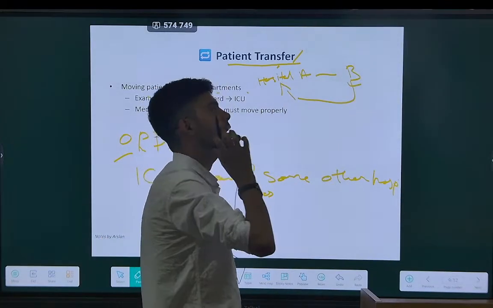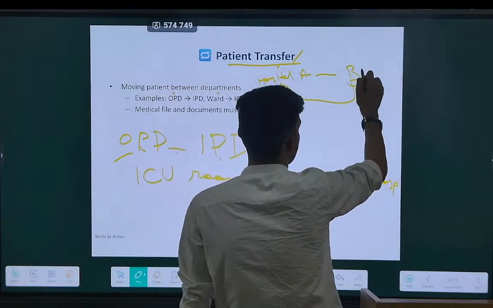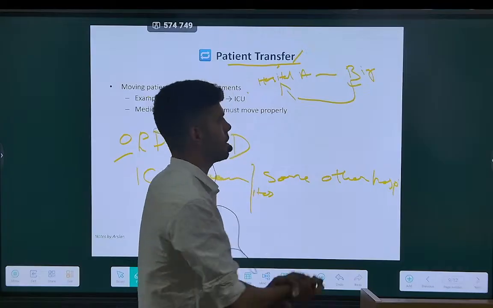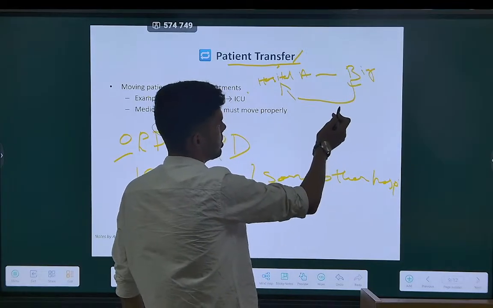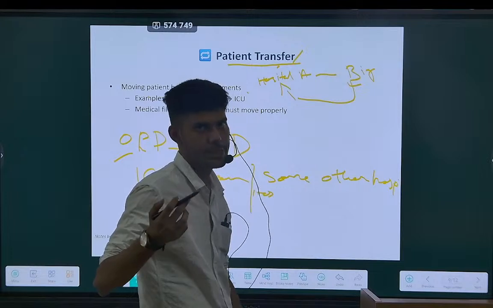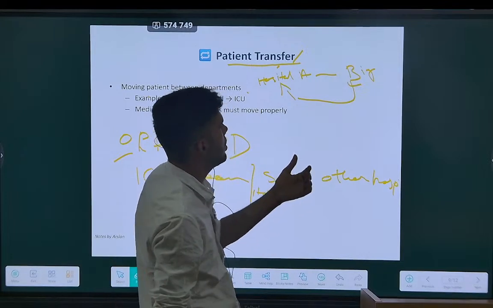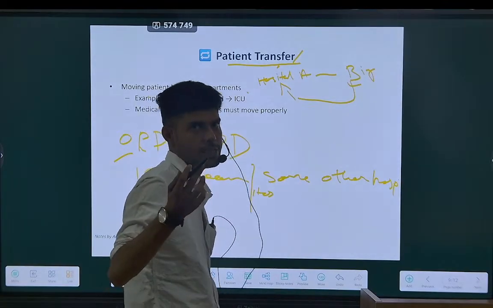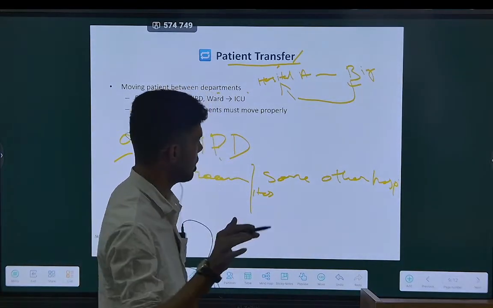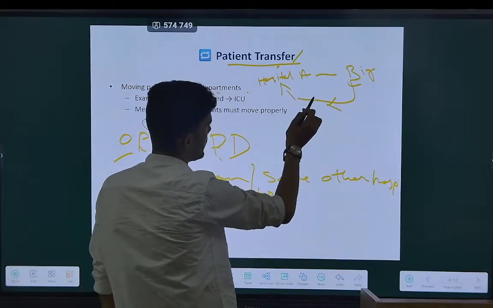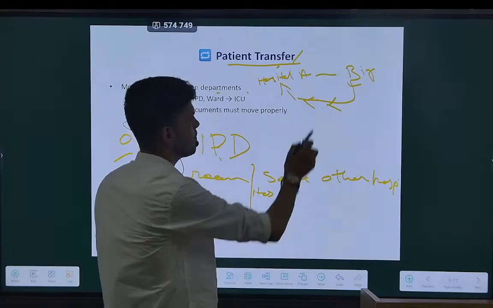Sometimes when the hospital is a big hospital and the patient cannot afford their charges and the patient is getting better, ठीक हो रहा है, but he still needs to be kept under observation, so he will move to a smaller hospital where he can afford the things.